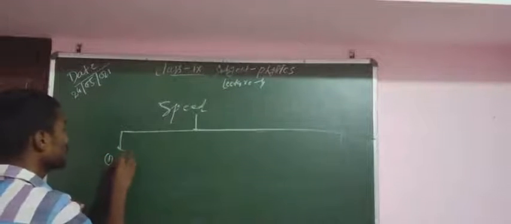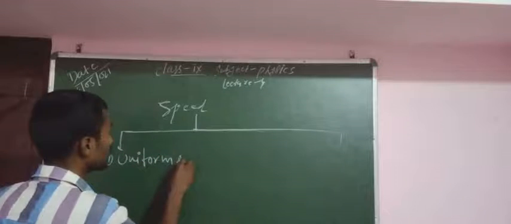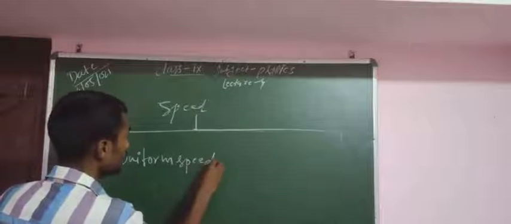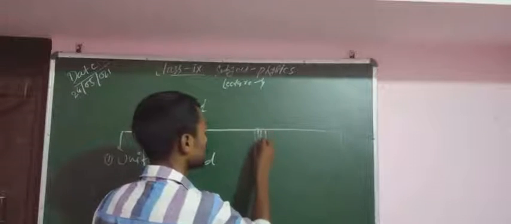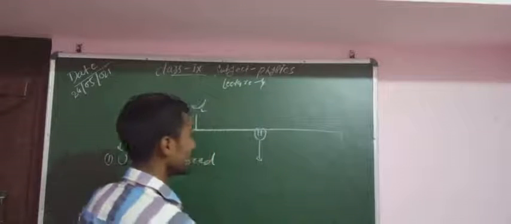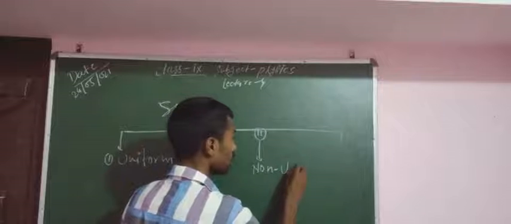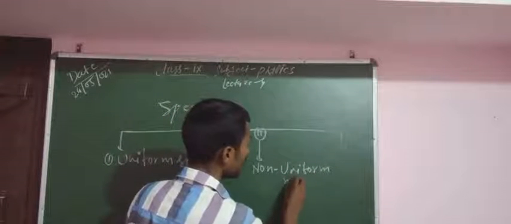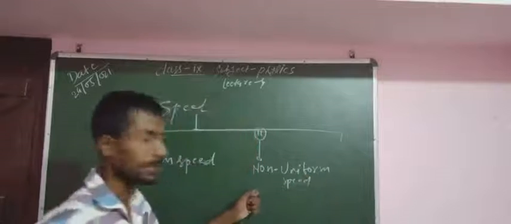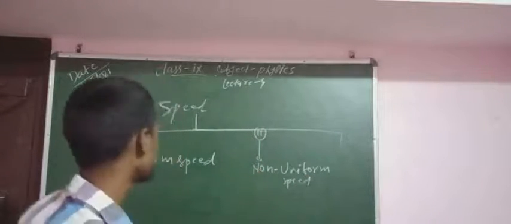The first one is uniform speed. The second one is non-uniform speed.